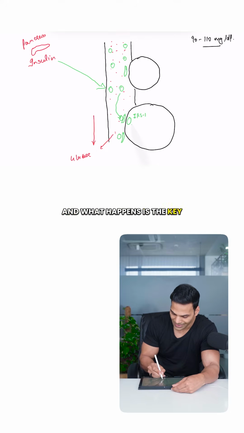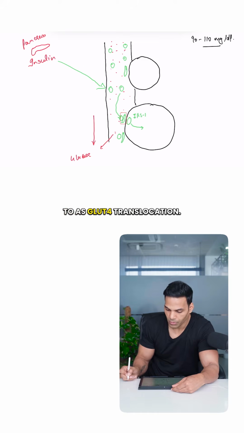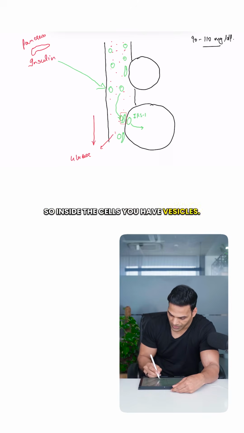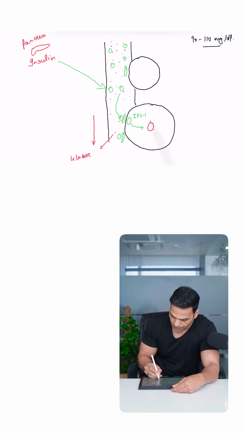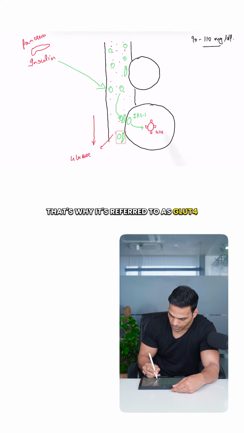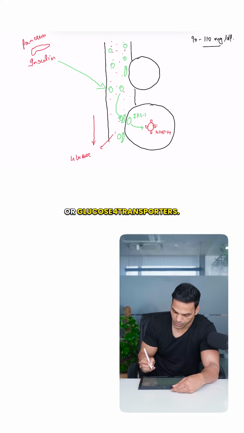And what happens is the key signaling molecule basically signals something what we refer to as GLUT4 translocation. So inside the cells you have vesicles, so they're like tiny straws on top of it, and that's why it's referred to as GLUT4 or glucose 4 transporters.